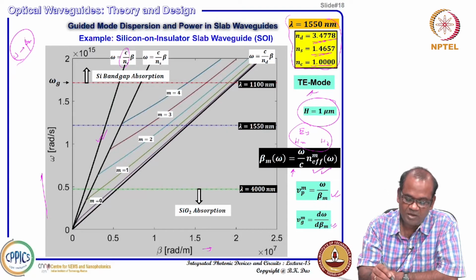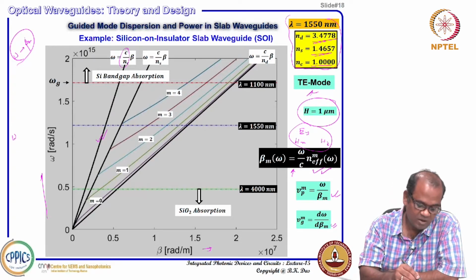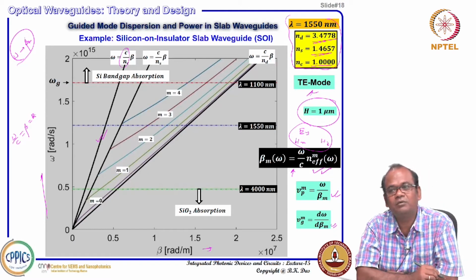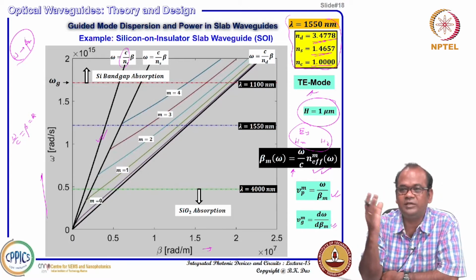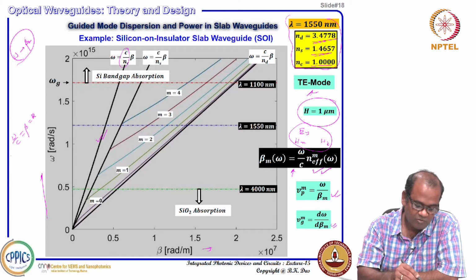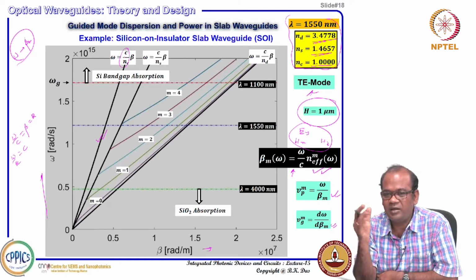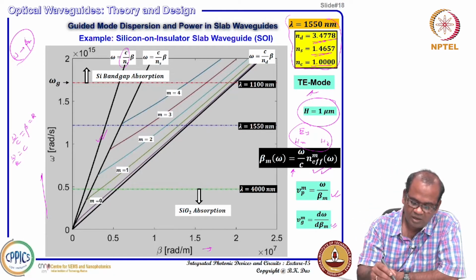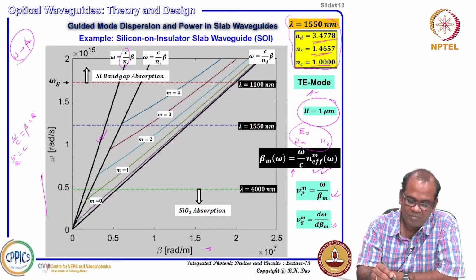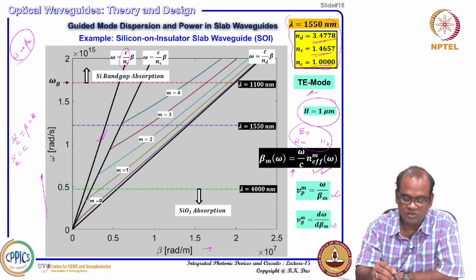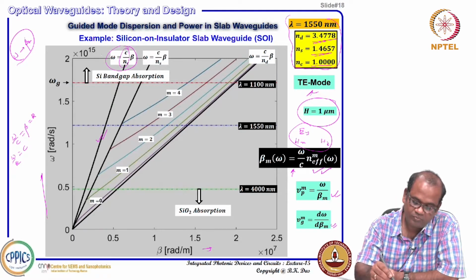That means omega equal to c beta, omega by k equal to c, propagating like the speed of light. So if we plot omega versus beta in a homogeneous medium, that would be a straight line. Assume that as a function of frequency the material dispersion is not there.